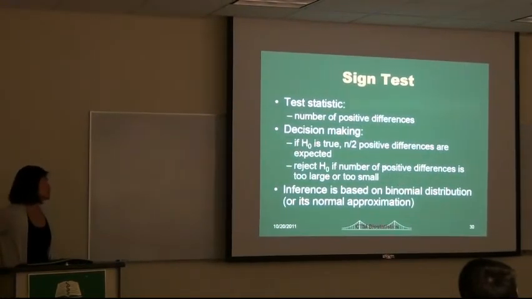It's the same if you look at the number of negative differences, because of the symmetry. The inference is based on a binomial distribution. Or if the sample size is large and you still can't assume normal distribution, then you can use normal approximation in this case.